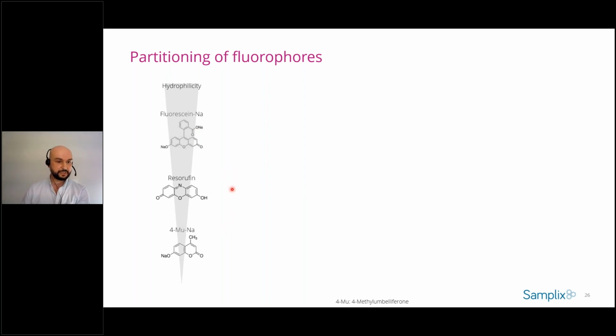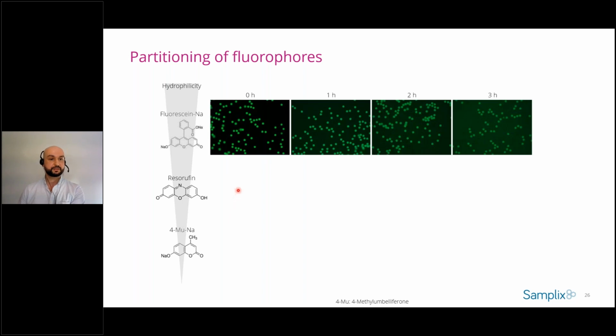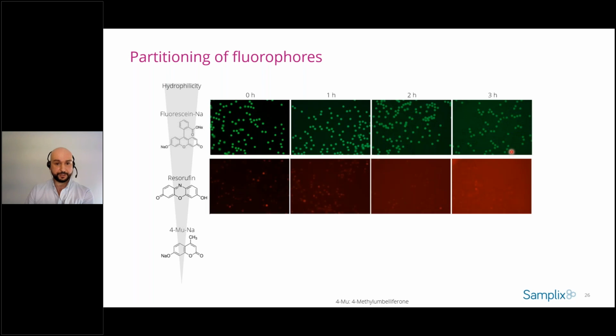So they have different chemical properties. We started out with fluorescein, encapsulated it into the droplets, and analyzed if it leaks out or if it stays inside the droplets. We saw that the partitioning is good.